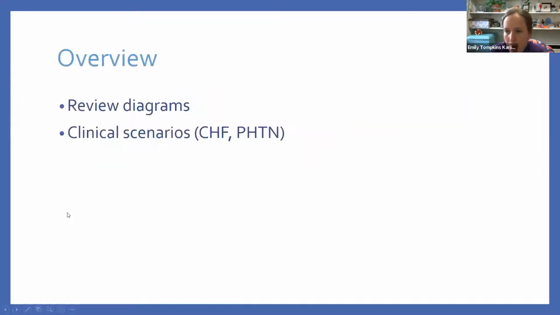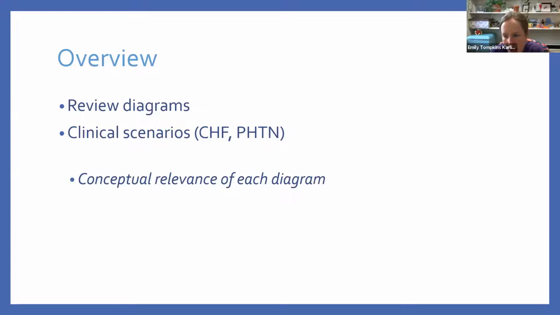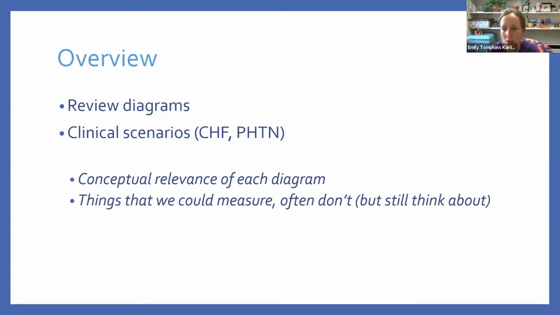The way that we'll do that is first we'll review a few different diagrams, and then we'll talk about two different clinical scenarios, congestive heart failure and pulmonary hypertension, and try to tie the two together. For each clinical scenario, we'll quickly discuss the conceptual relevance of each diagram. We think of these diagrams as helping you conceptually understand something, but the diagrams all contain specific elements that we could measure in any given animal.